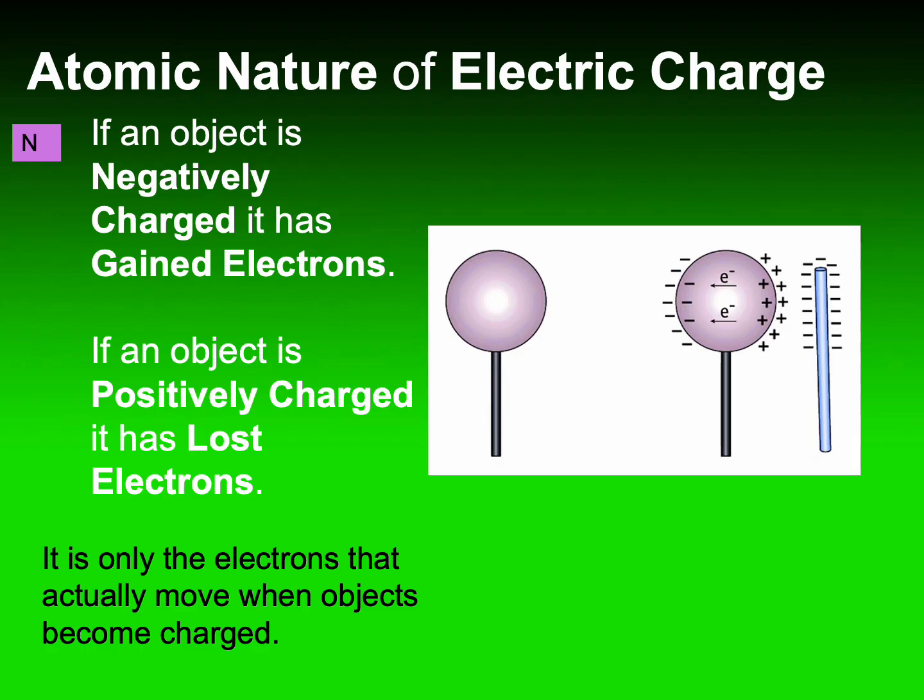That's what's happening there. Okay? So just one quick note there, the white writing. If an object is negatively charged, it has gained electrons. If an object is overall positively charged, it means it has lost electrons. Okay?